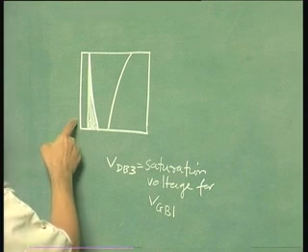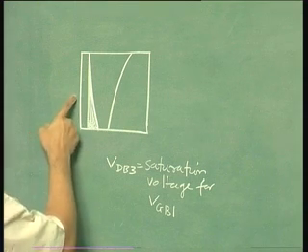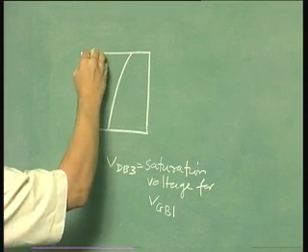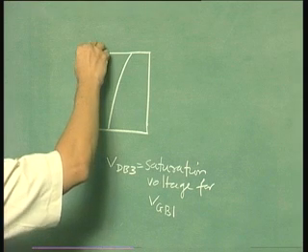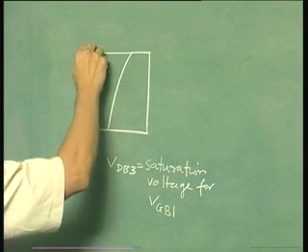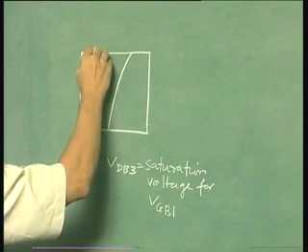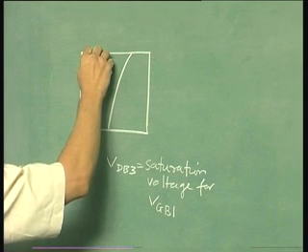Now you have increased the gate to bulk voltage to VGB2. Evidently this point here where the charge was 0, the charge will no more be 0, it will go beyond 0.